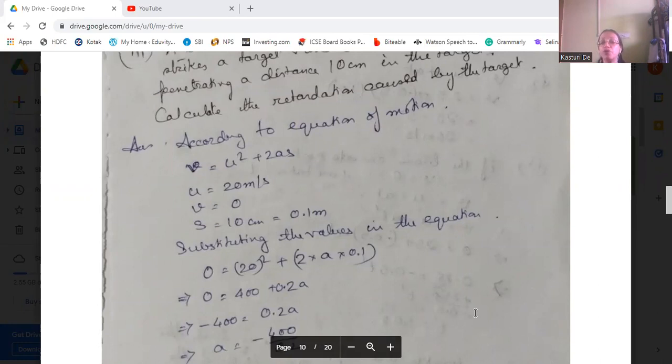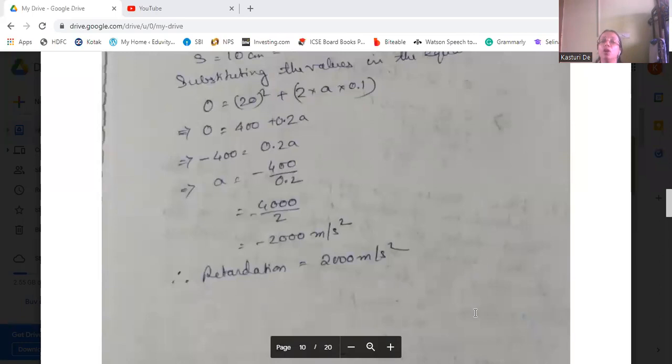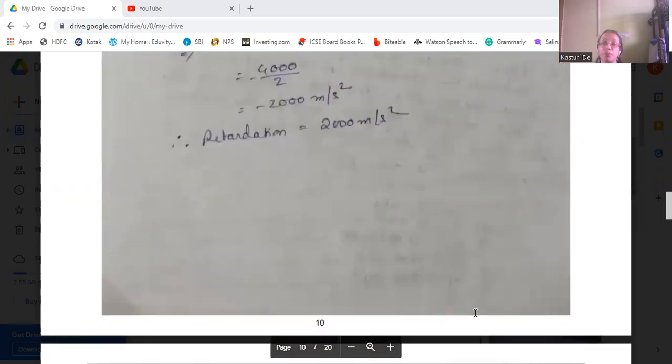Substituting the values, 0 is equal to 20 square plus 2 into a into 0.1, that is 400 plus 0.2a, so 0.2a is equal to minus 400. You can calculate that a is equal to minus 2000, that means it is retarding with 2000 meters per second square. Retardation.